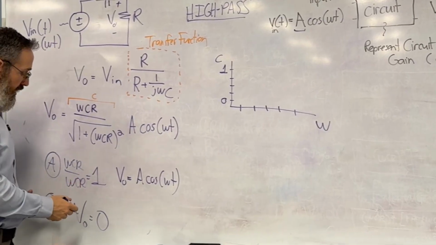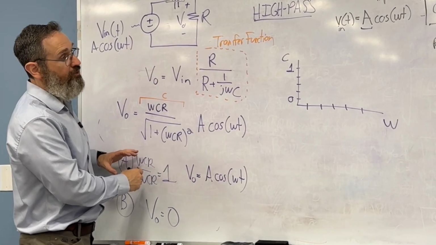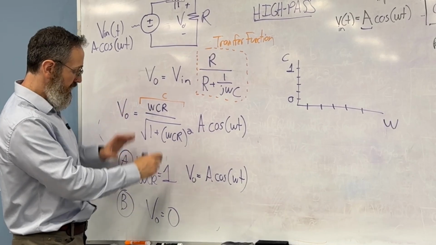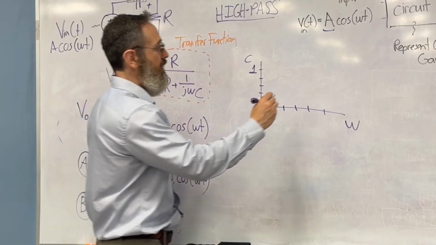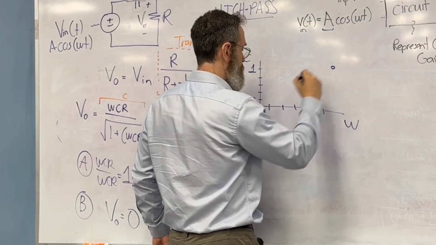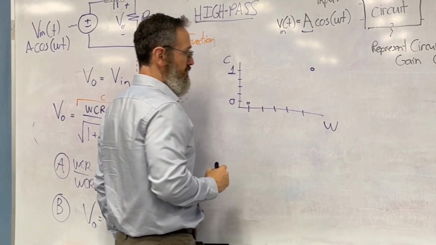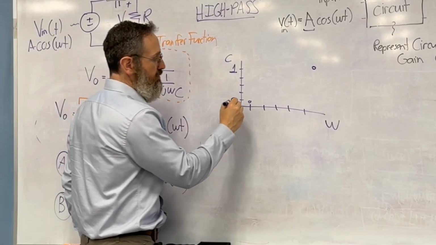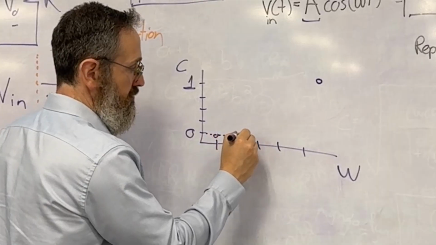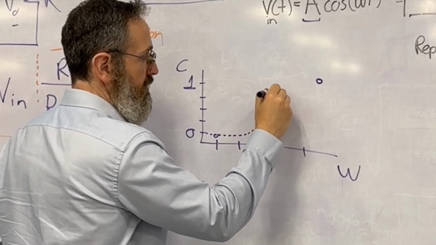In the first case, which was very, very high frequency, high pass, we're going to be here. And for very low frequency, we're going to be here. If you were to plot this out, you would see a behavior that looks like this.